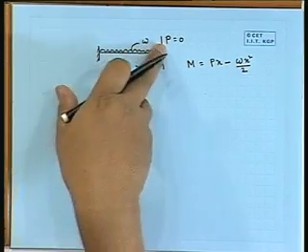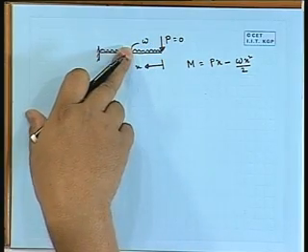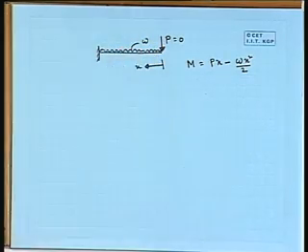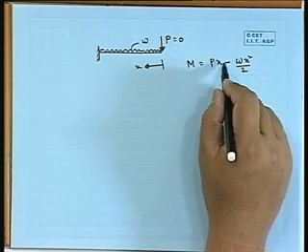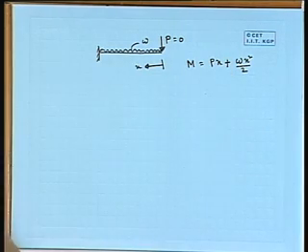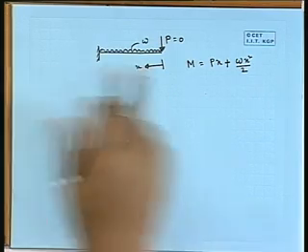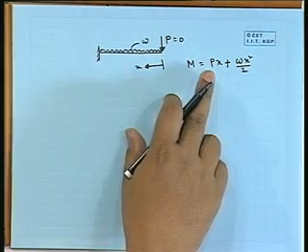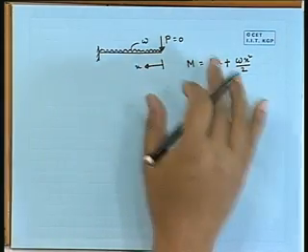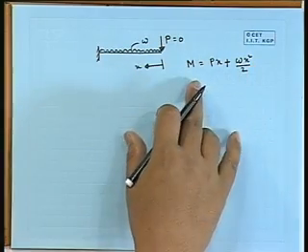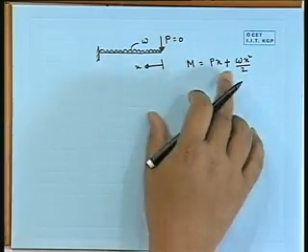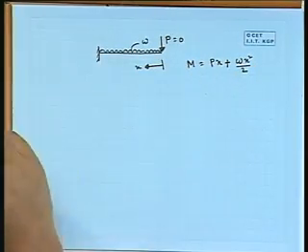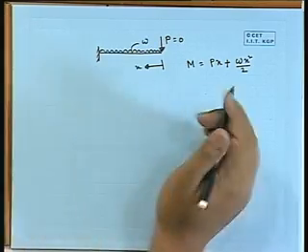At any x, it is p into x plus omega x square by 2. It will be plus, both are in the same direction. Now, this p is 0. So, at the end, if I put p equal to 0, this part will not be there. Why is it important? If we carry out that problem, it will give that feeling.